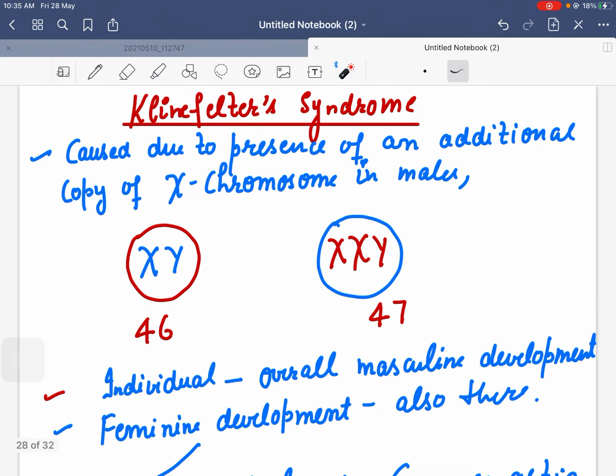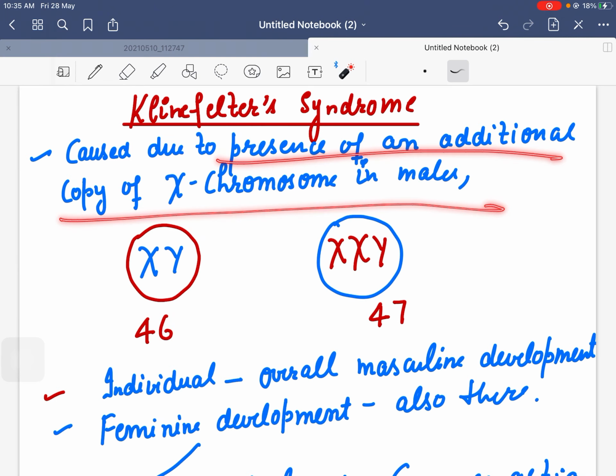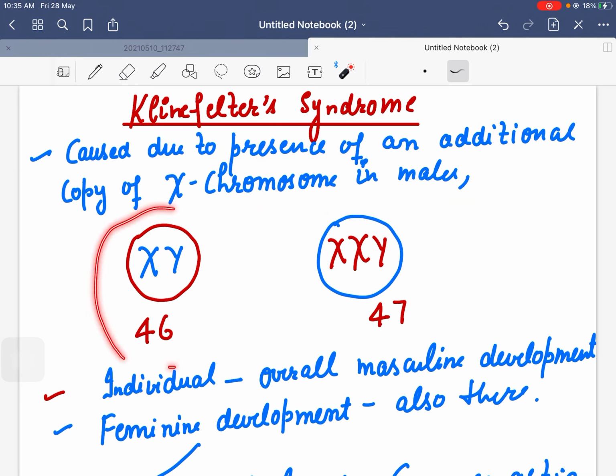Now let's talk about the second example, which is Klinefelter syndrome. And bacha, this syndrome is seen in males because there is the presence of an additional copy of X chromosome in the male. Usually in a normal male, what do you observe? In a normal male, there is the XY condition. But those persons who suffer from Klinefelter syndrome have 47 chromosomes.